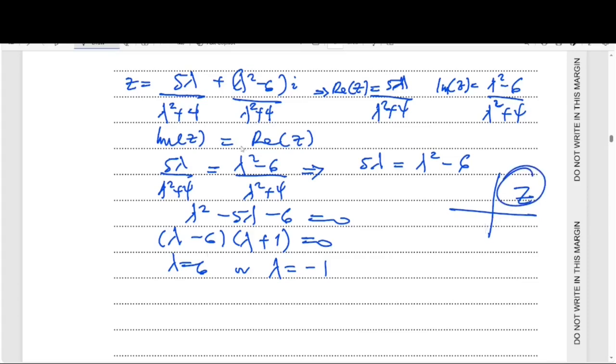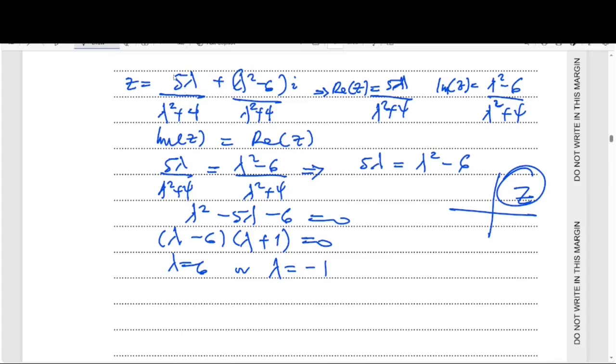It means to be in the first quadrant, the real part must be positive and the imaginary part must also be positive. Now if you substitute the 6 into the real part of the complex number, the real part is 5 lambda over lambda squared plus 4. Lambda squared plus 4 will always be positive because of the square, and 5 times 6 will also be positive, 30.